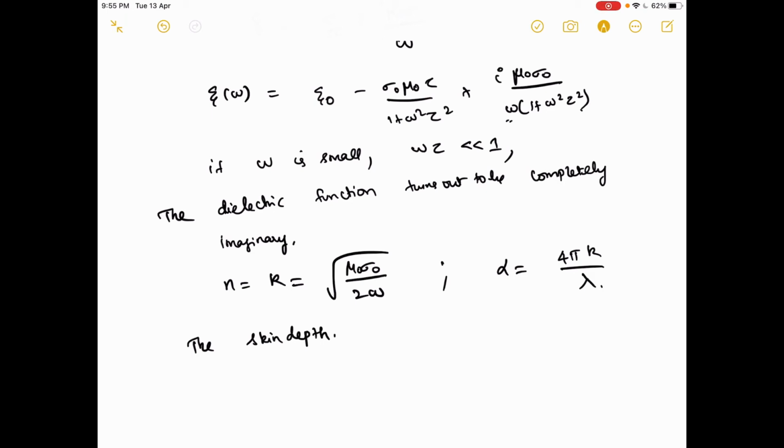That is, I have a metal, and over the metal I have some electromagnetic radiation with a particular frequency omega. The electromagnetic radiation will only penetrate to a certain distance. The intensity will die to 1 by e in a depth which is called the skin depth.